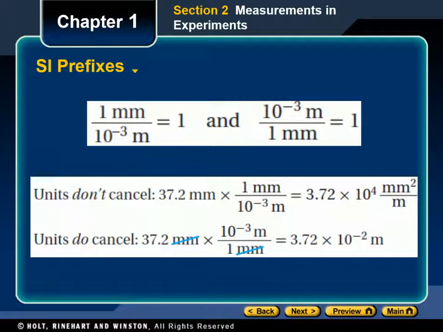Because these two quantities are equal, the equations at the top of your screen are also true. Thus, any measurement multiplied by either one of these fractions will be multiplied by 1. The number and unit will change, but the quantity described by the measurement will stay the same.